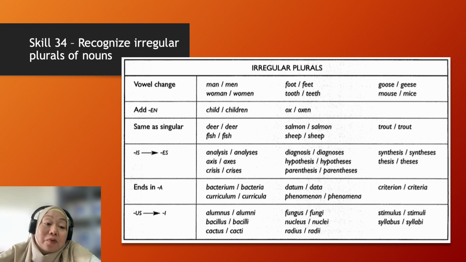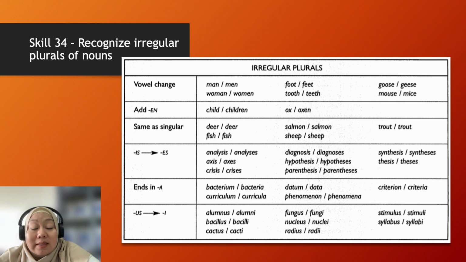And the fourth one is changing is to es: analysis, analyses, axis, axes, crisis, crises, diagnosis, diagnoses. Okay, so from is to es.